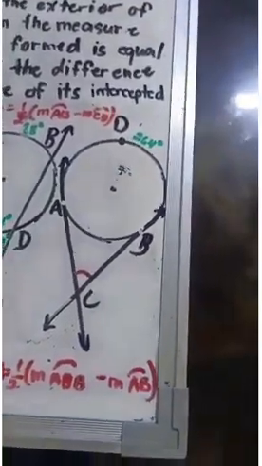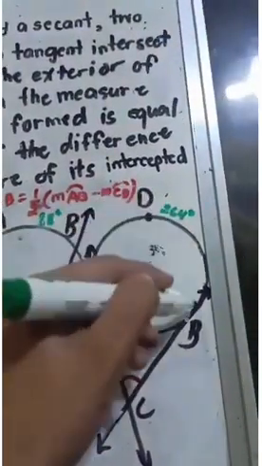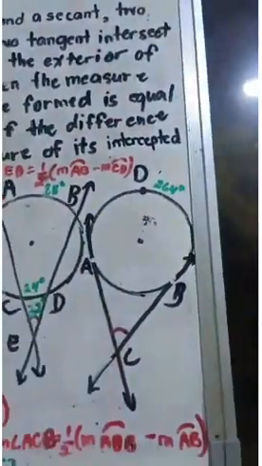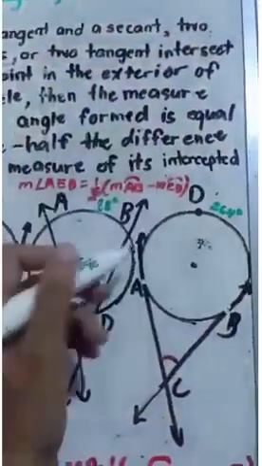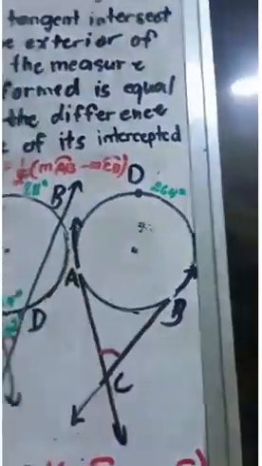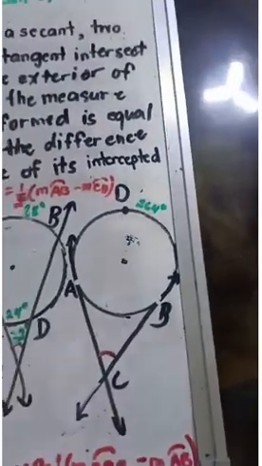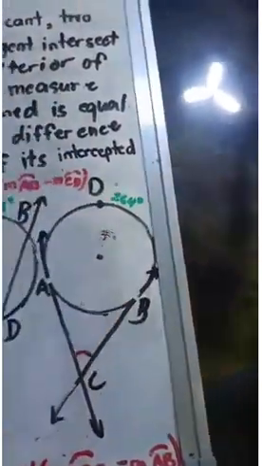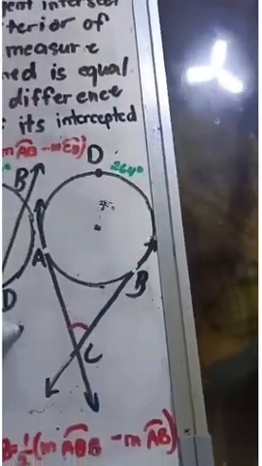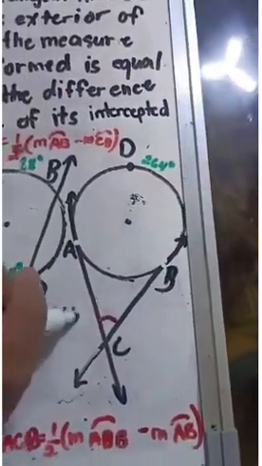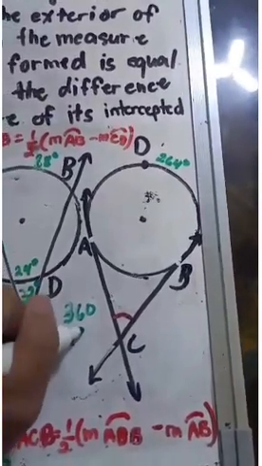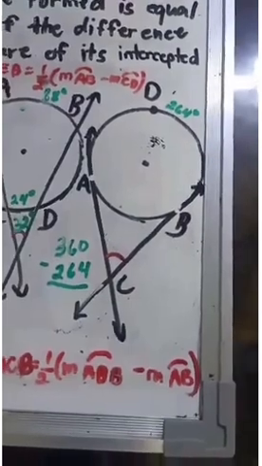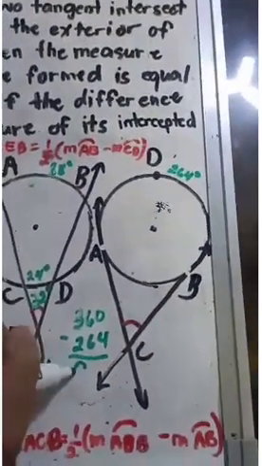So, how? Since what is given here is only the major arc ADB, to get arc AB, since it's the whole circle with the same endpoints, we subtract 264 from 360, the measure of the whole circle. It will give us 96 degrees.